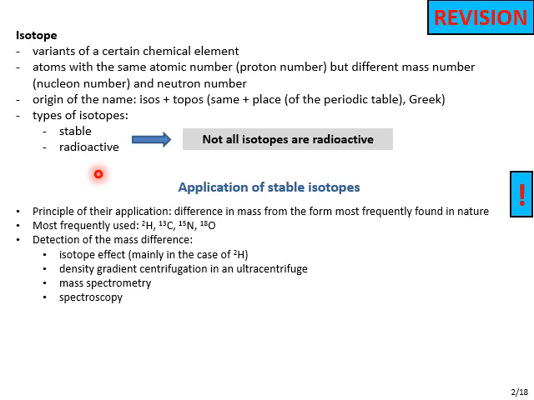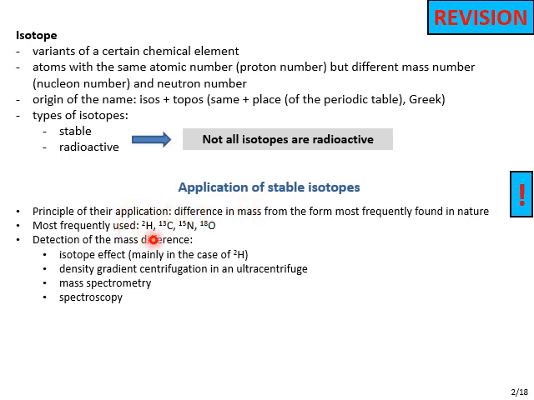So if we want to detect the presence of a stable isotope which is different from the most frequently found isotope in nature, then it can be detected by the mass difference.